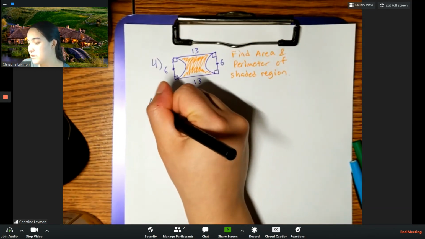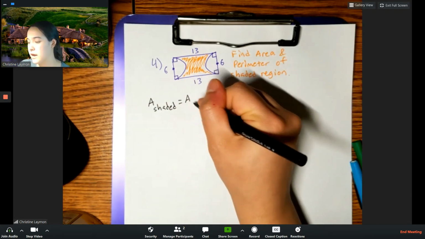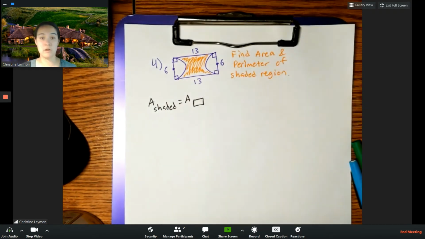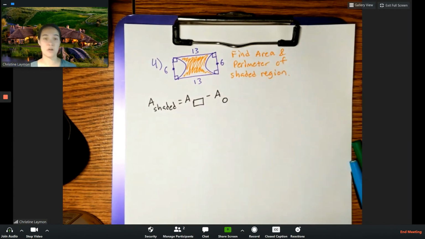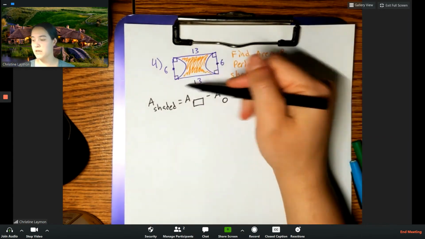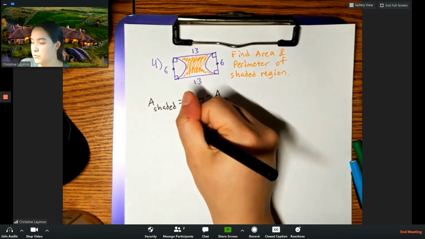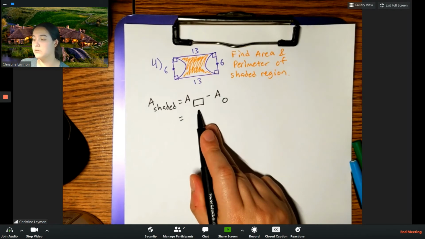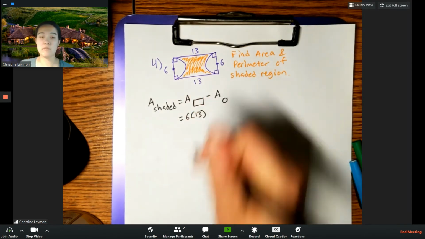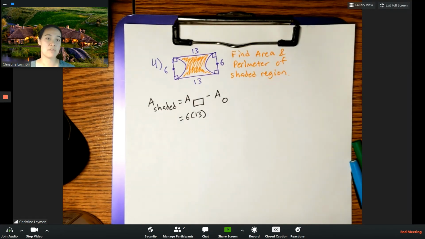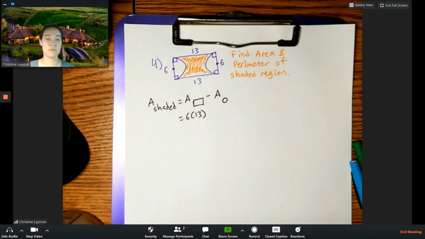So area of shaded equals area of rectangle minus area of circle. So rectangle, take away circle. Well, area of the rectangle, that's going to be 6 times 13. Remember, area of a rectangle is length times width, or you can think of it as base times height. So 6 and 13, that's the area of the rectangle.